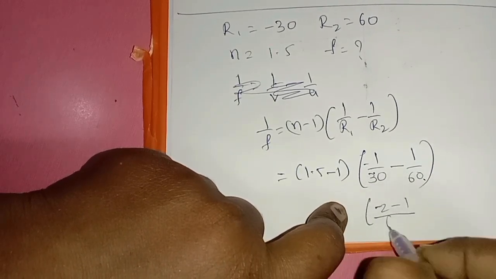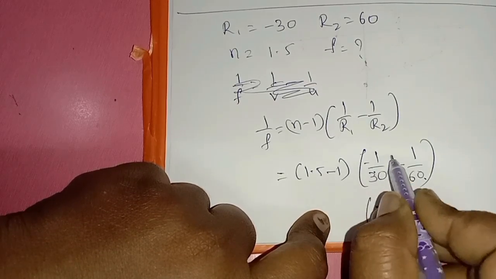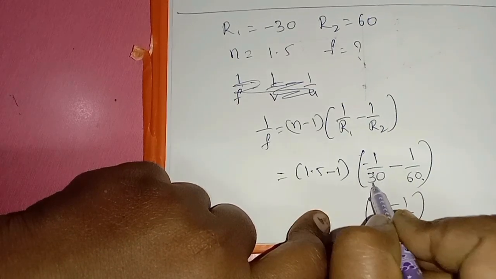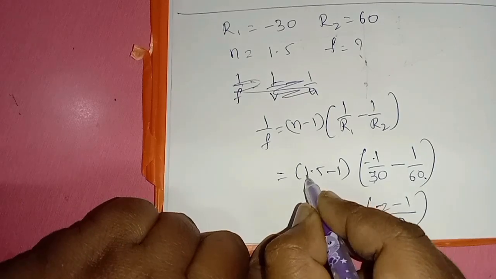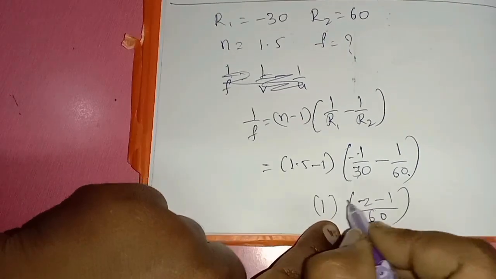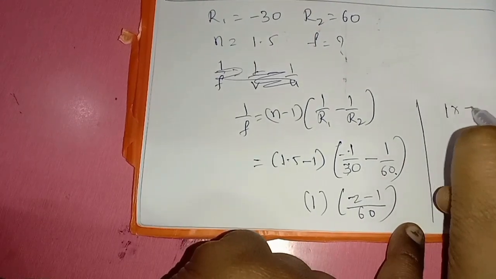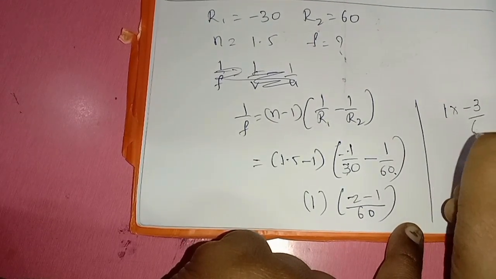Taking the LCM, 60, we get minus 2 minus 1 over 60. 1.5 minus 1 is 1, and minus 2 minus 1 is minus 3, so 1 into minus 3 by 60.